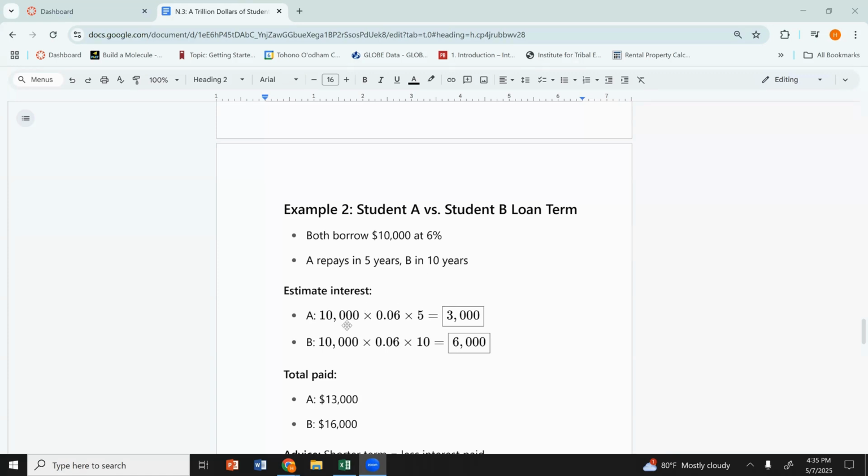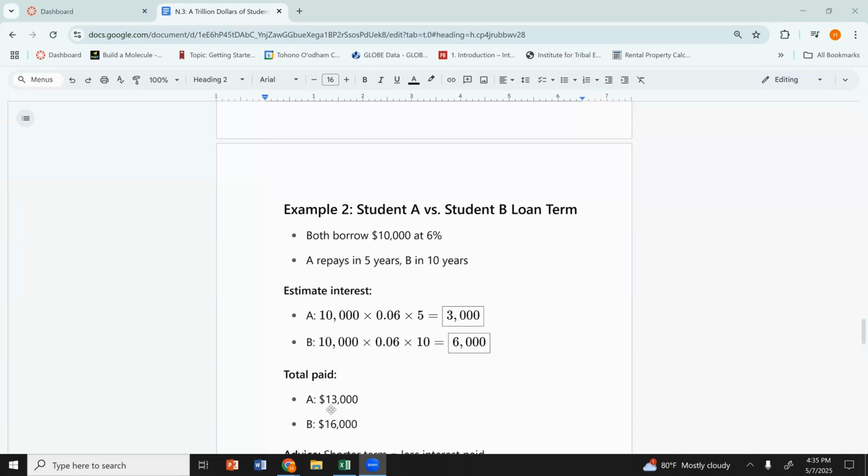For student A, it's going to be 10,000 times 0.06 times 5 years, okay? And that's 3,000. And interest for student B is going to be 10,000 times 0.06 times 10, the 6,000 in interest. The total amount you pay is the principal, which is 10,000, plus the total interest.